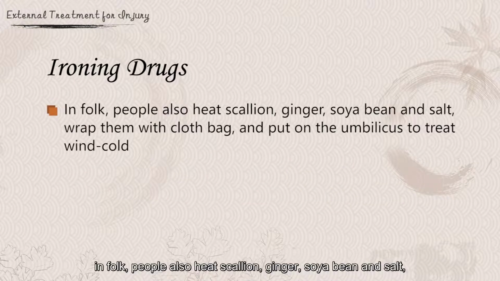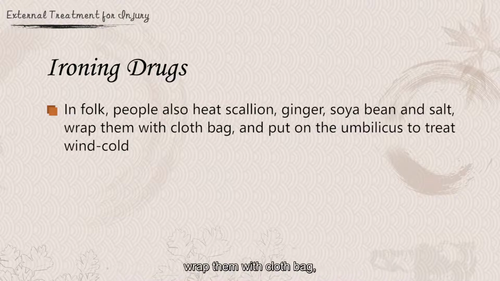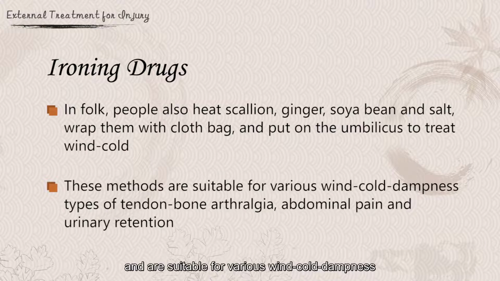In folk, people also heat scallion, ginger, soybean, and salt, wrap them with a cloth bag, and put it on the umbilicus to treat wind cold. These methods are simple and effective, and are suitable for various wind cold dampness types of tendon bone, arthralgia, abdominal pain, and urination retention.